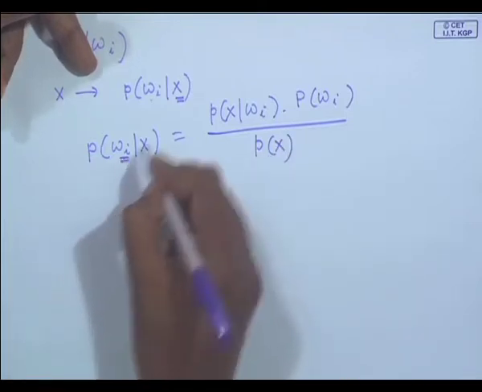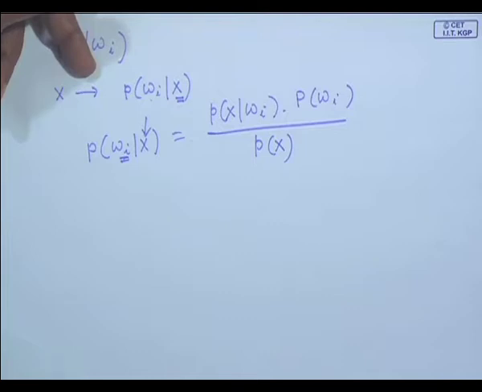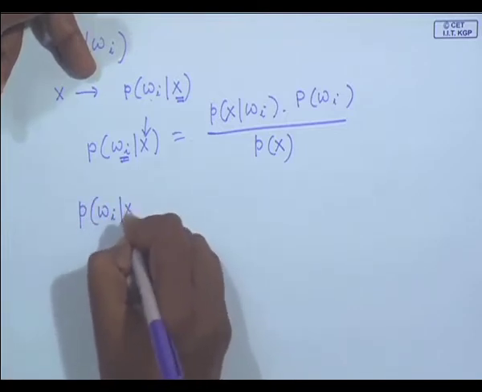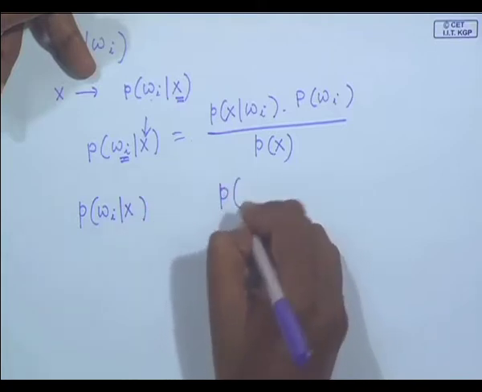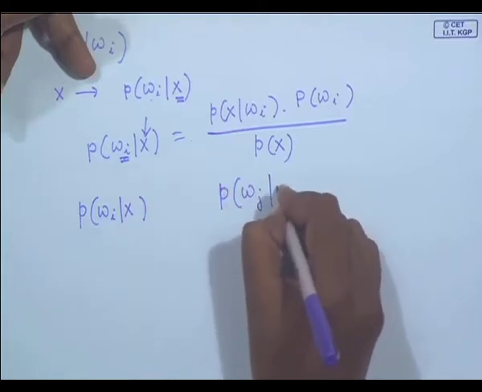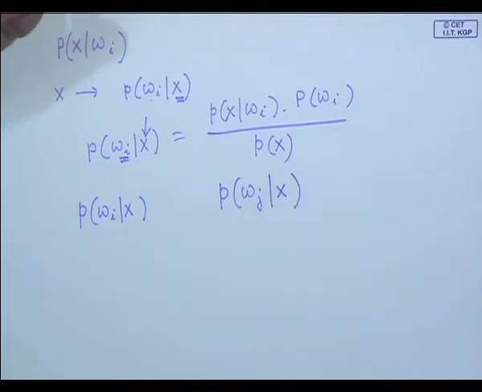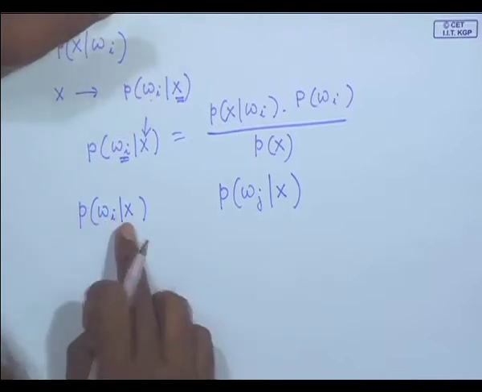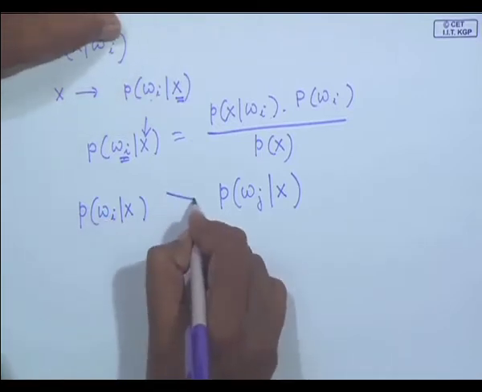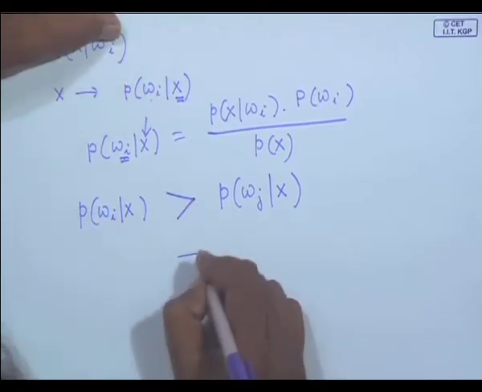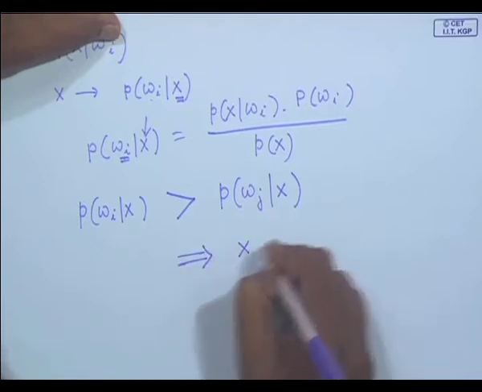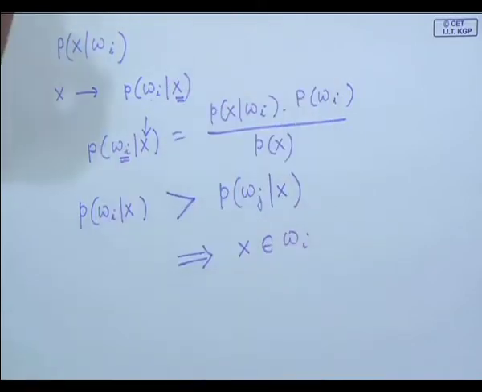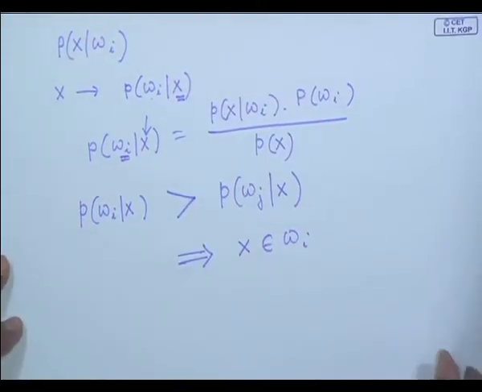So, if I have two classes and the same unknown sample x, I will compute P of omega i given x, and I will also compute P of omega j given x for another class omega j. So, these are two a posteriori probabilities. And if P of omega i given x is greater than P of omega j given x, then we conclude that x belongs to class omega i. So, this is what we have done with Bayes classification.